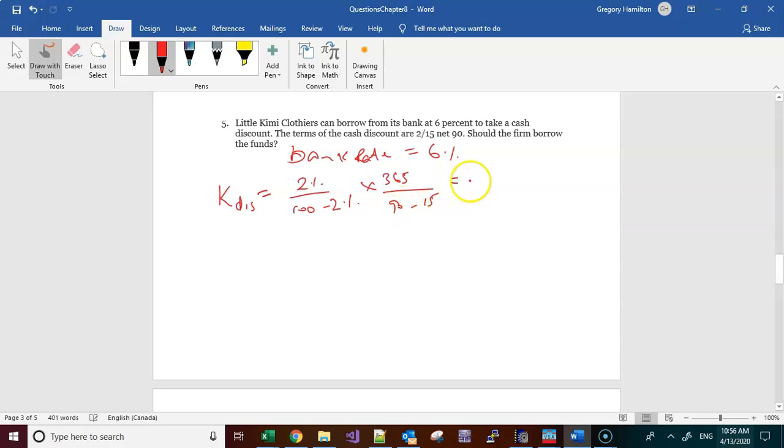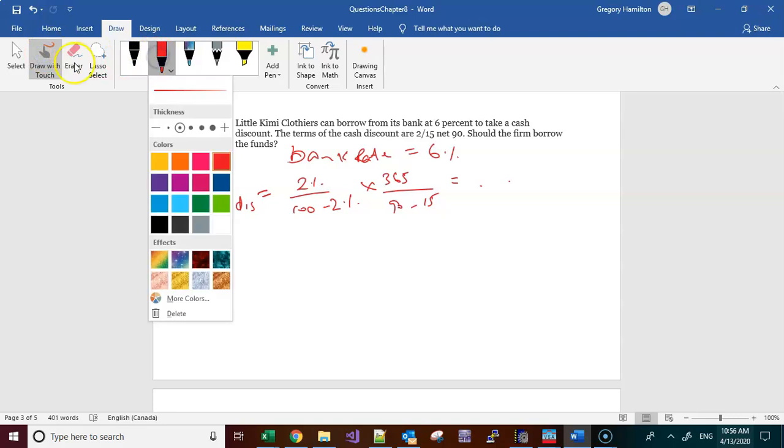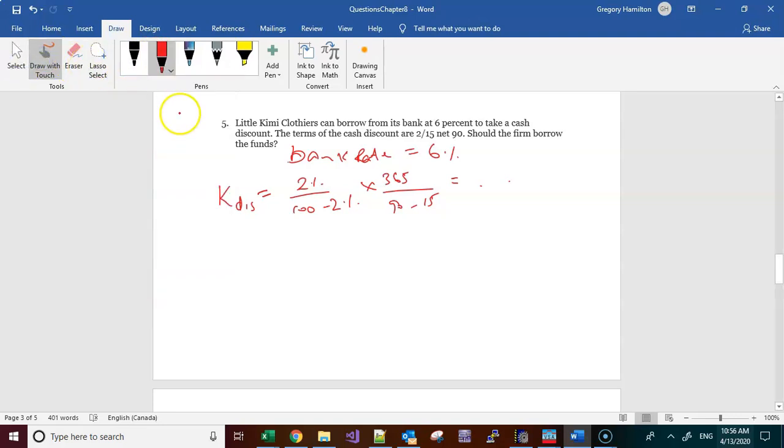So when we work this out, we find 0.0993, which is equal to 9.93%.